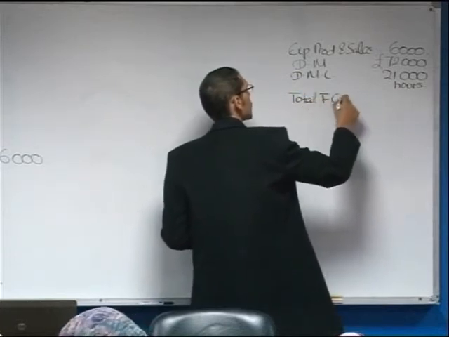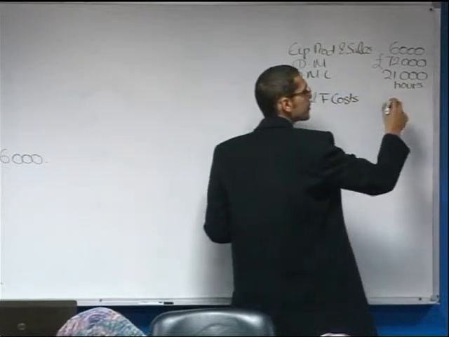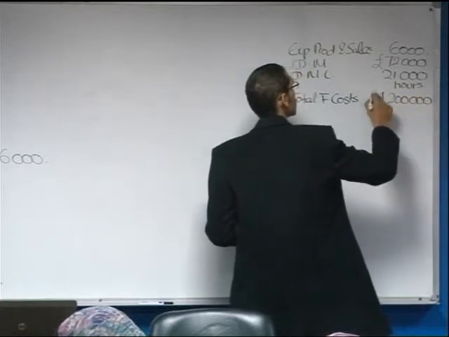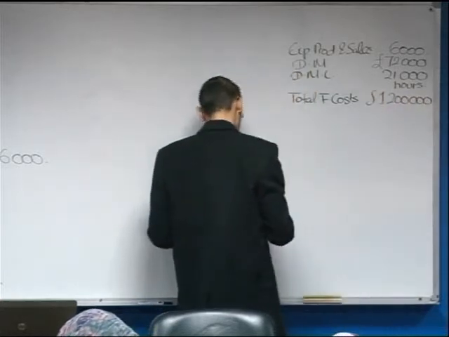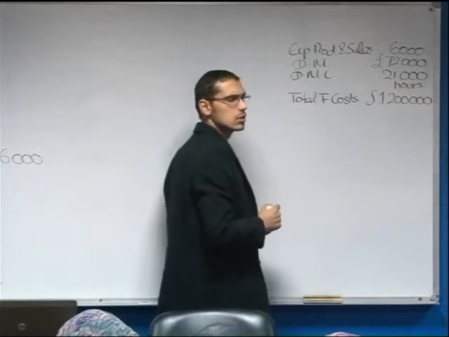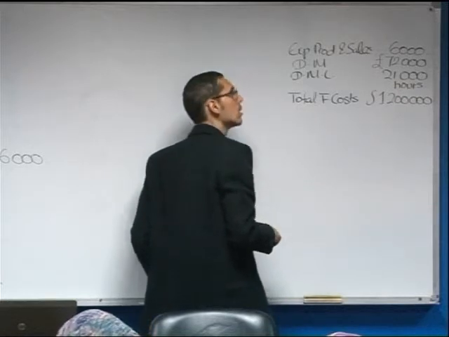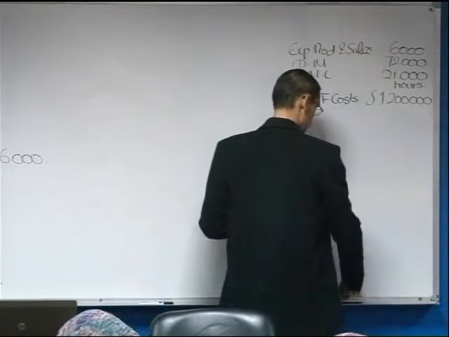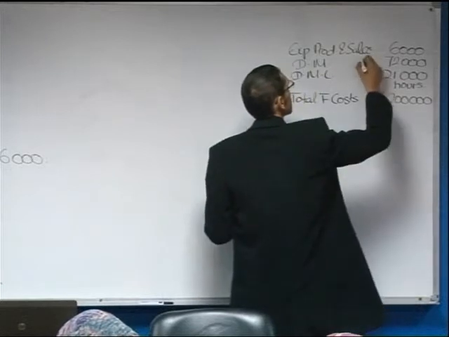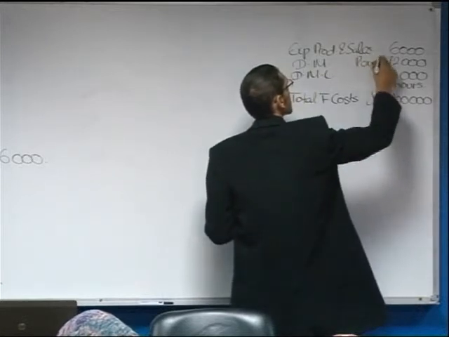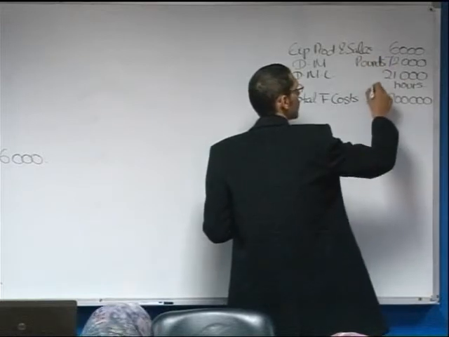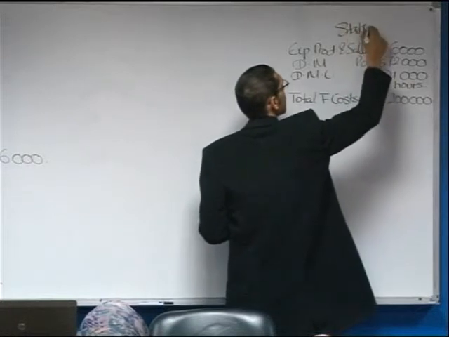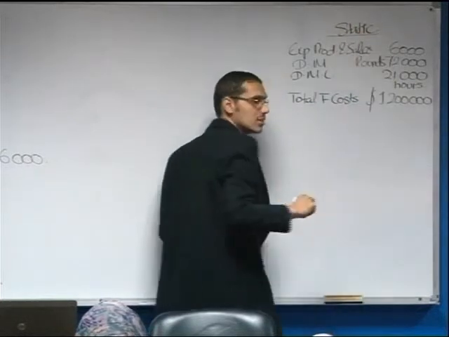Total fixed costs, 1,200,000. Is it in dollars or pounds? Ah, you mean pounds as in kilograms. Therefore, this is the quantity. Dollars. This is according to our static budget.